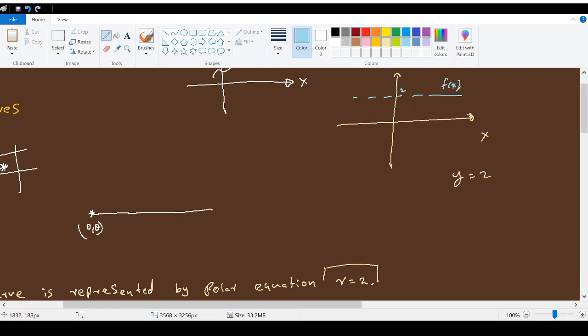This can also be represented as a function of x, the curve for this constant function, right?